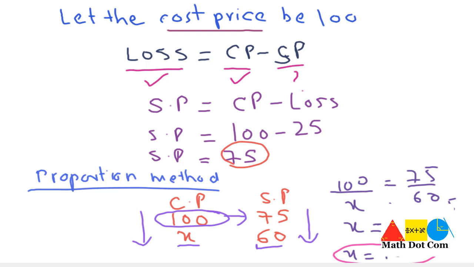So this was the method to find out the cost price when you are given the sale price and the loss percentage. These are a few examples that I'm sure will surely help you to solve your related problems of profit and loss. Thank you.